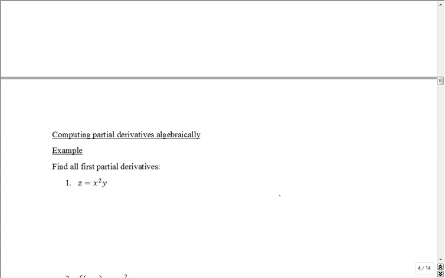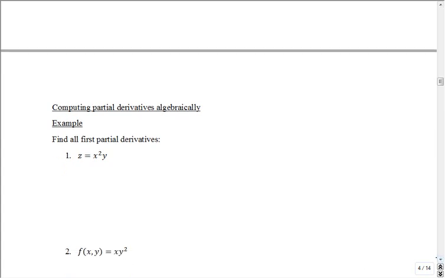So let's do some examples. Number one. We have done this before, but now we're doing it algebraically without the definition. I'll use different notations to get you accustomed. Partial z with respect to x means hold the y constant. Imagine that the y is a number, so when you differentiate with respect to x, you get 2xy.